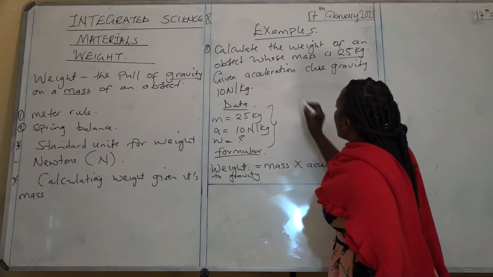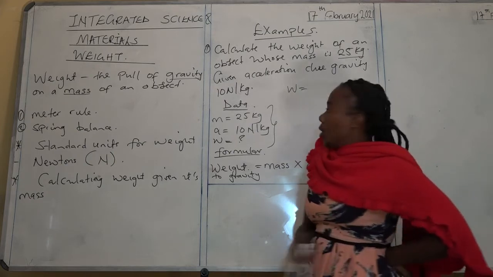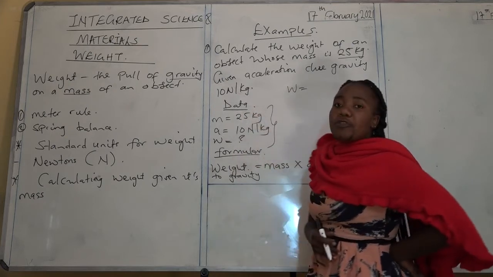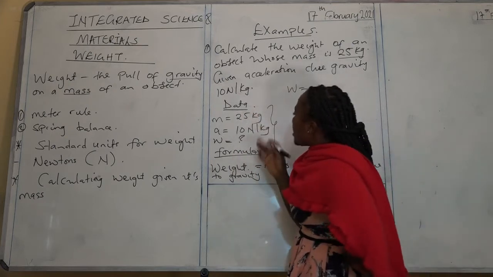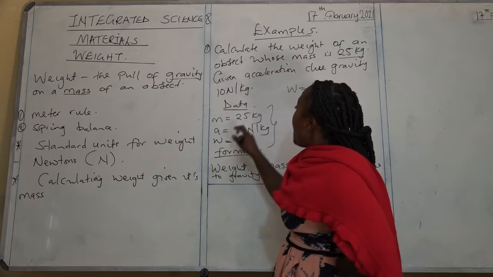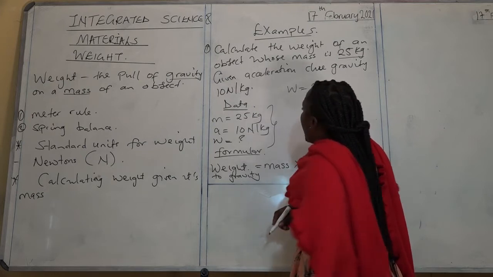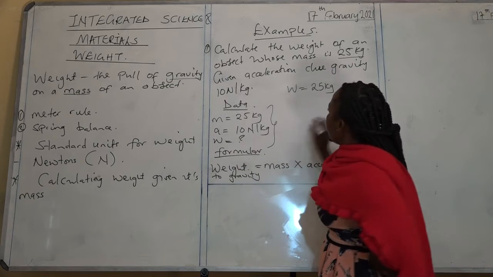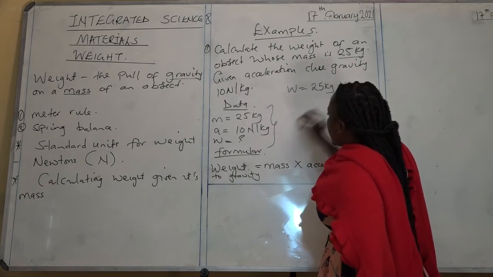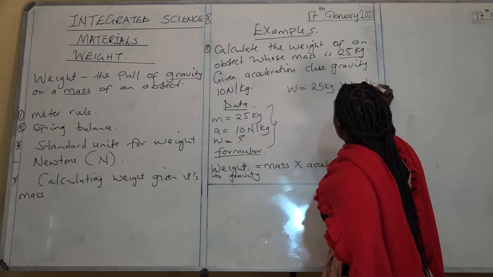Weight is equal to, what is our mass, class? Looking at the data, our mass is 25 kg, then times our acceleration due to gravity, 10 newtons per kg.